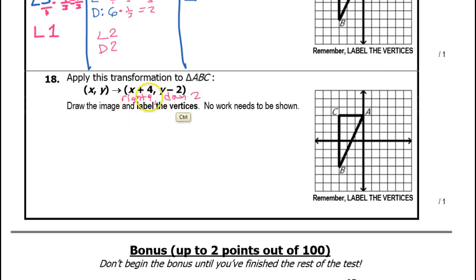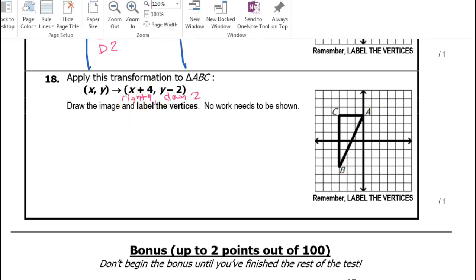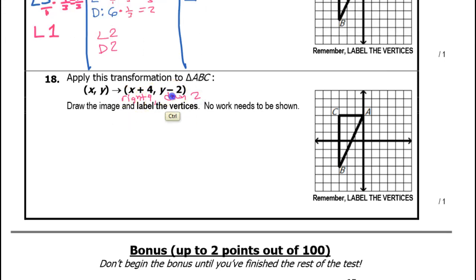So we're just going to go right 4 and down 2. So I will move all of the points right 4 and down 2. If I move this right 4 and down 2, and this right 4 and down 2, and this right 4 and down 2, then this will be the image.